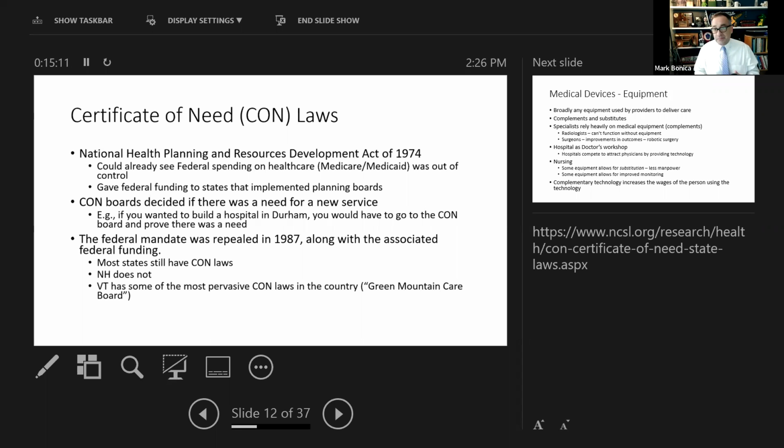They sunsetted it, meaning it had an expiration date in 2015, and it would have had to be extended by the New Hampshire legislature, which it was not, and good for them.